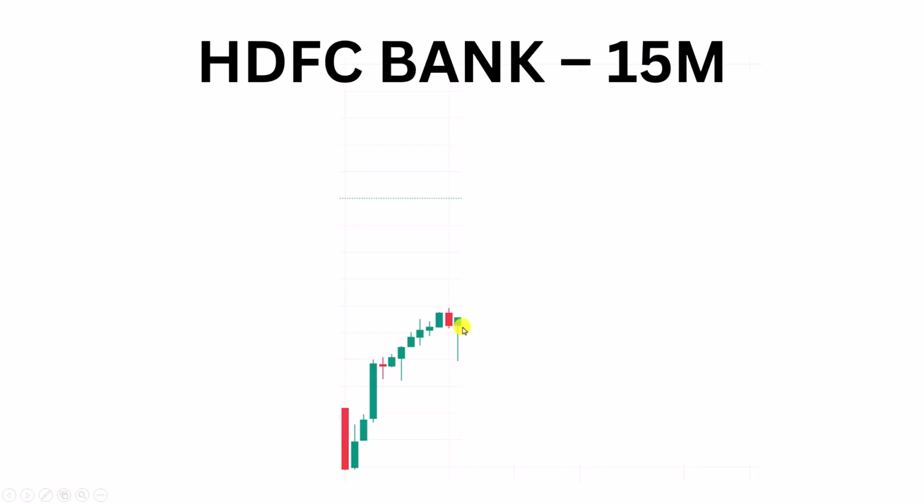Okay, now where would we place our stop loss? Right above the hanging man, correct? Here. No, wrong. We would place it above this candle because the price had gone up till here, correct? Price had gone up till here. So leaving some buffer, we place the stop loss and we wait for price confirmation and we enter the trade.